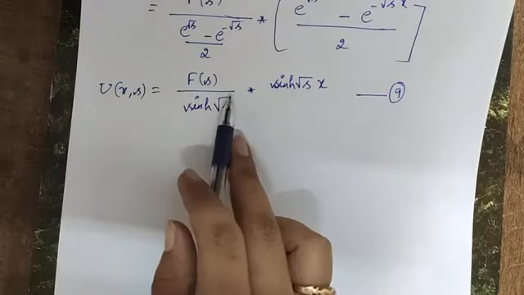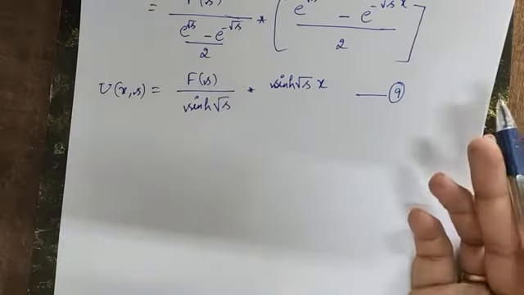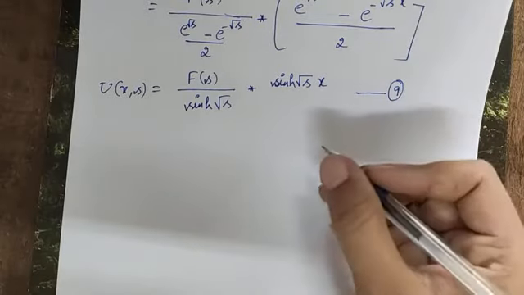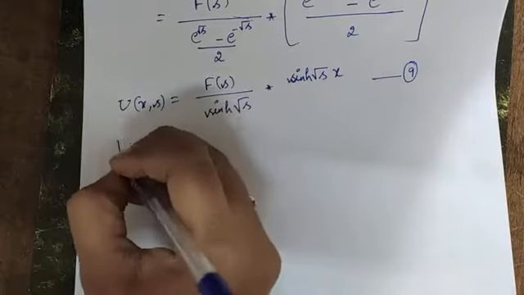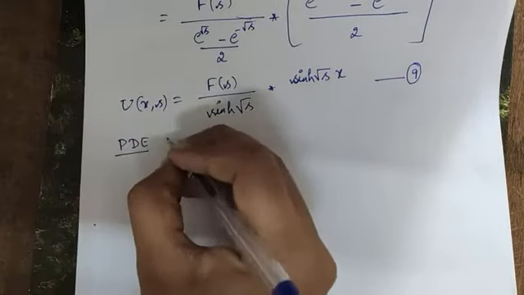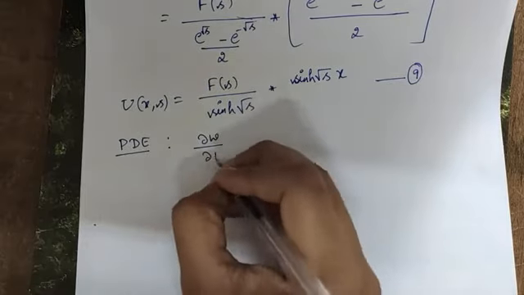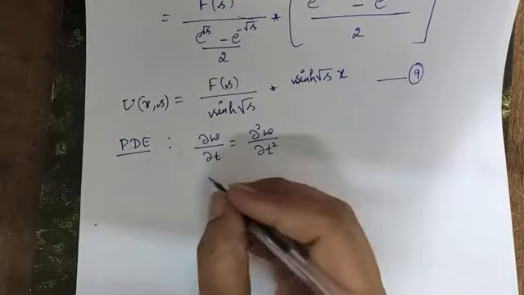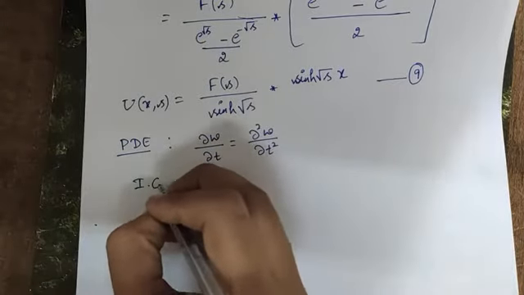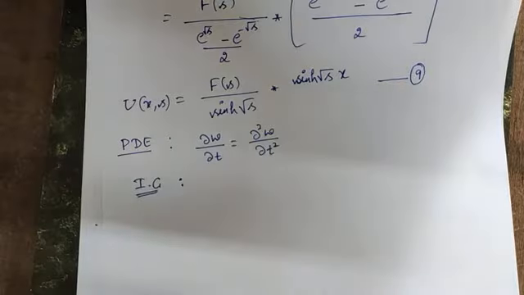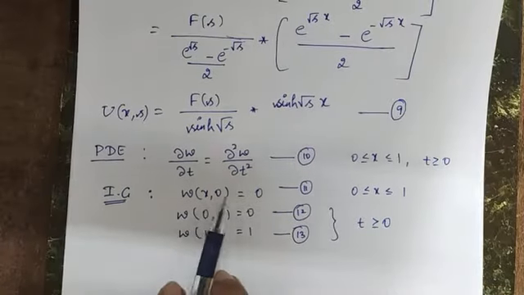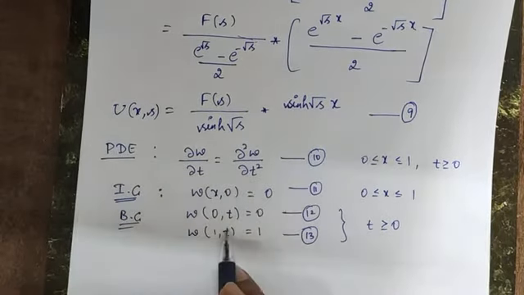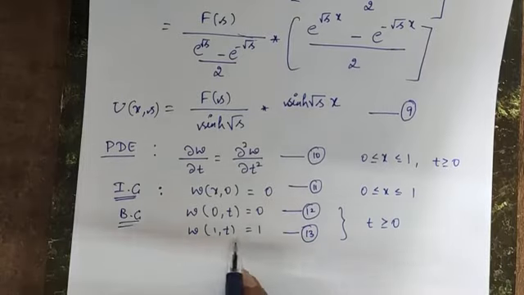Since I have to show that my heat equation satisfies the convolution theorem, after this step I am introducing a simple problem. The PDE of the simple problem is dou omega by dou t equal to dou square omega by dou x square, with initial condition omega of x, 0 equal to 0, and boundary conditions omega of 0, t equal to 0, omega of 1, t equal to 1.